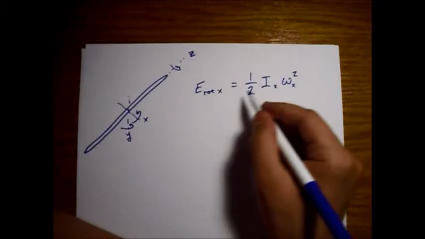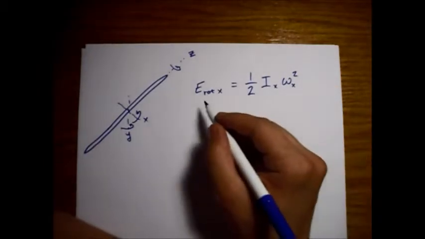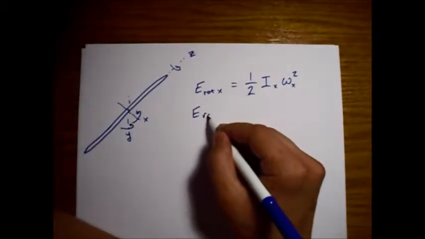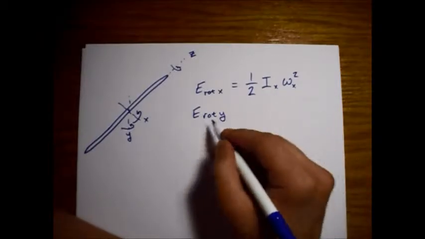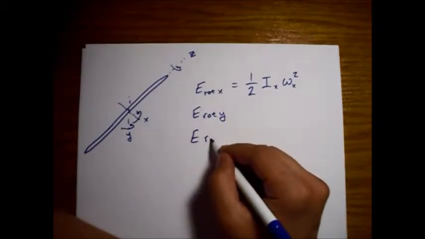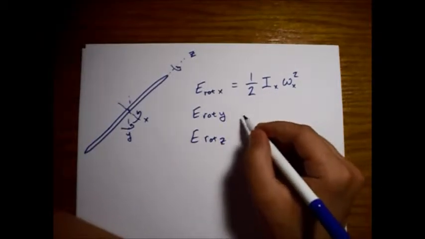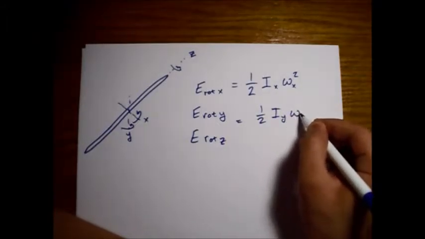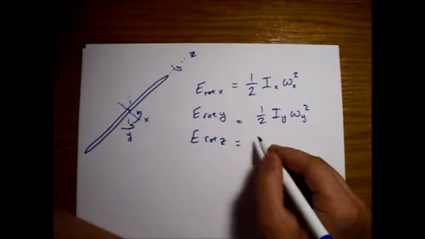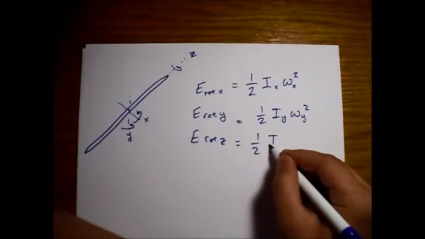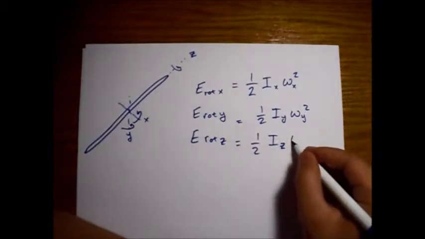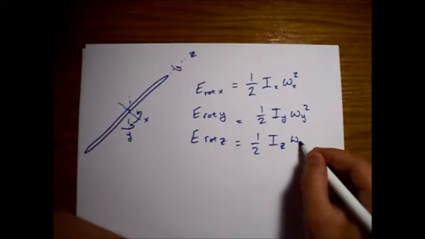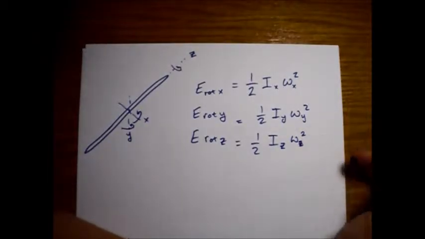And the same goes for the y and z: 1/2 I sub y omega y squared, equals 1/2 I sub z omega z squared.